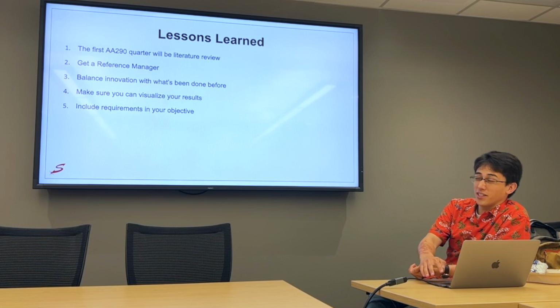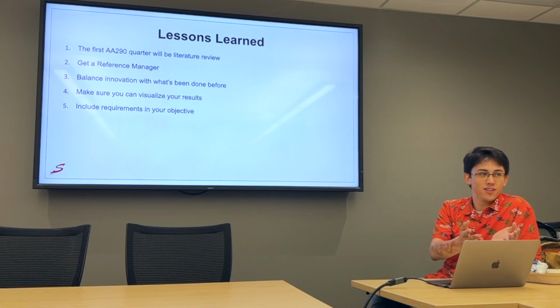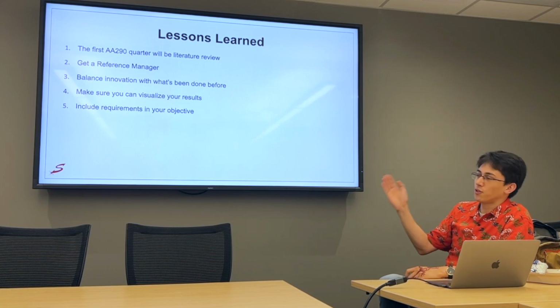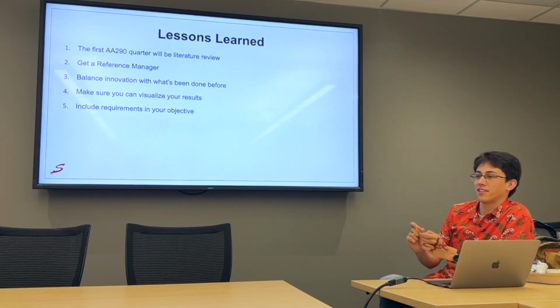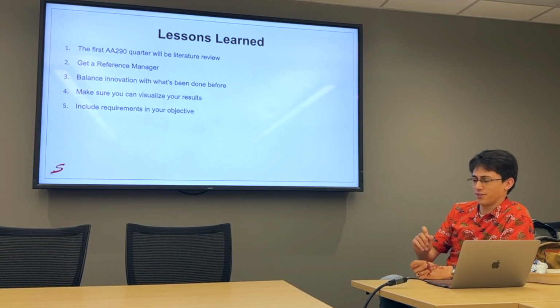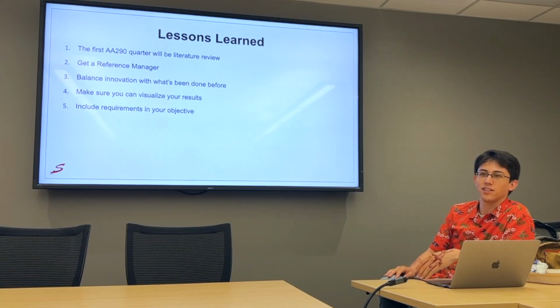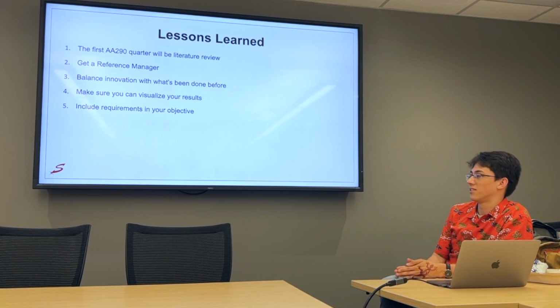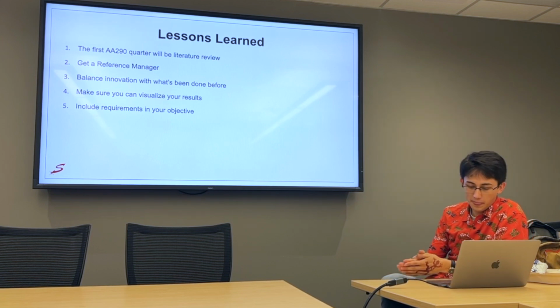Maybe some of you have different opinions on this, but I think the best way for me is including requirements in your objectives, like saying, this model should have up to 10 centimeters accuracy or something, and being a little more specific about what you're looking for. I think that could have really helped guide me in my research journey.